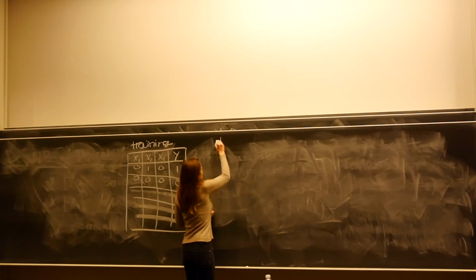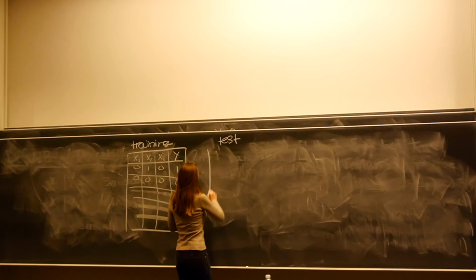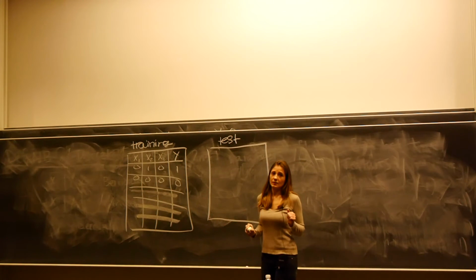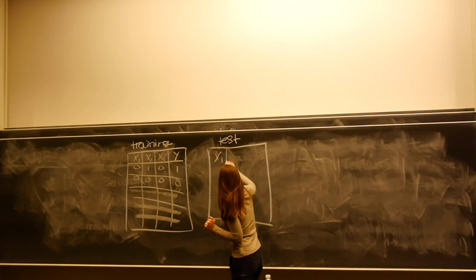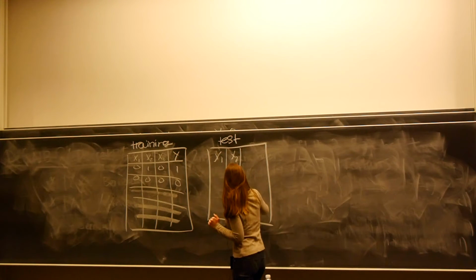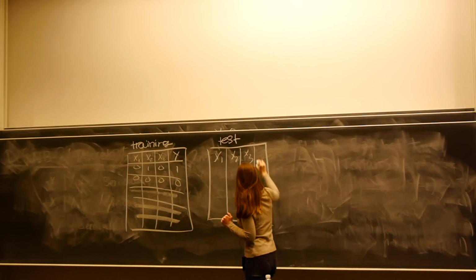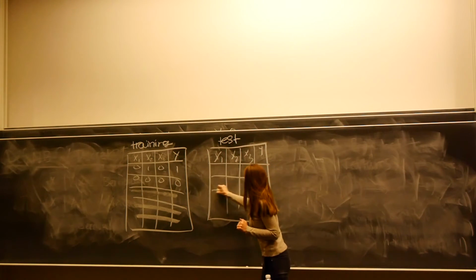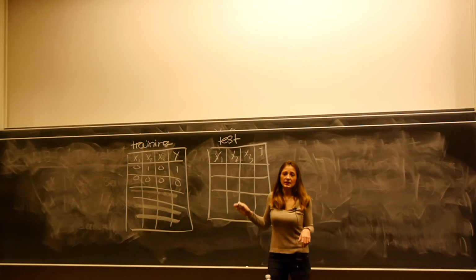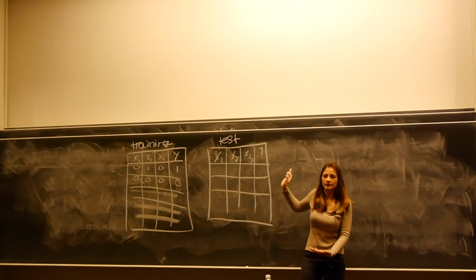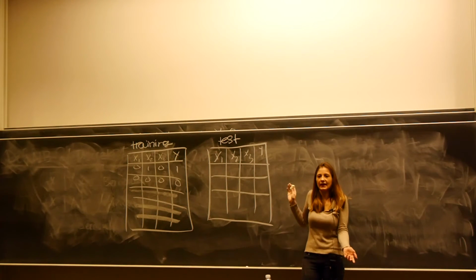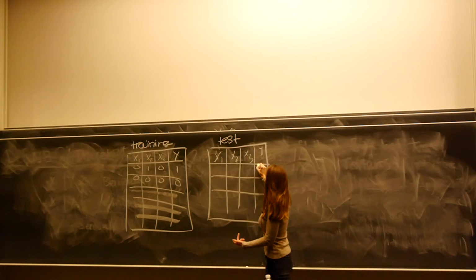And then your test data, you can think of in the same way. The only difference is that usually maybe you don't know y, or you do, but you pretend you don't so that you can predict y and then calculate how well you did.